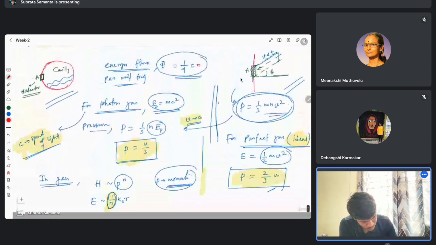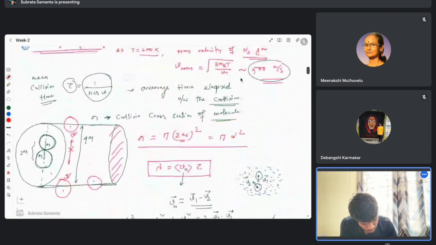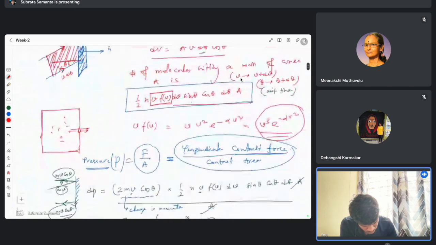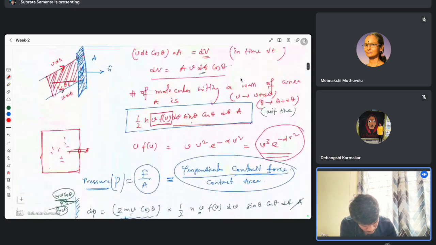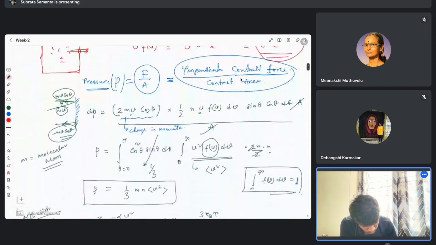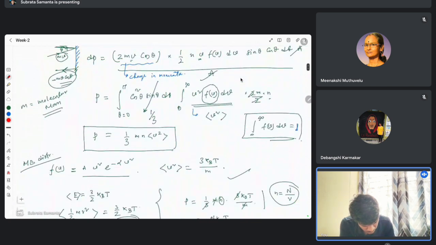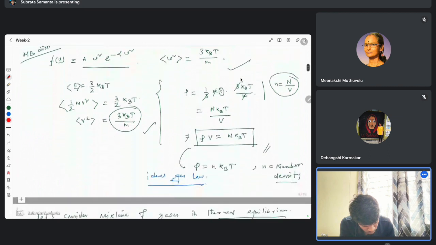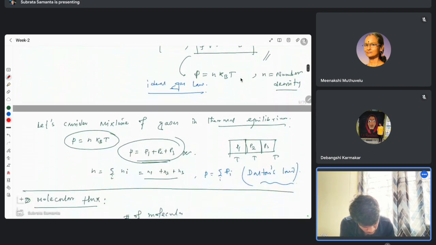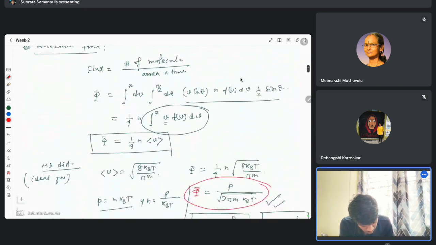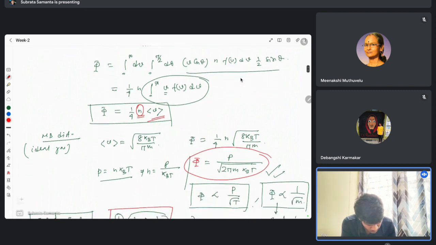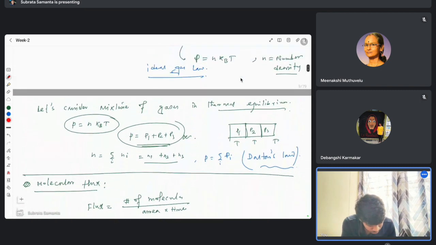Let's look into this. I have a note. So here we derived this kind of thing, right? The pressure is 1/3 n m c square, and then we derive the flux. Flux is n times v average, so 1/4 n times v average, where n is a number.